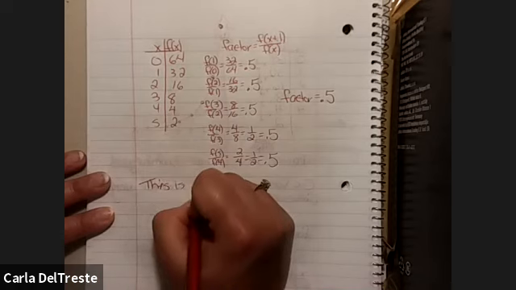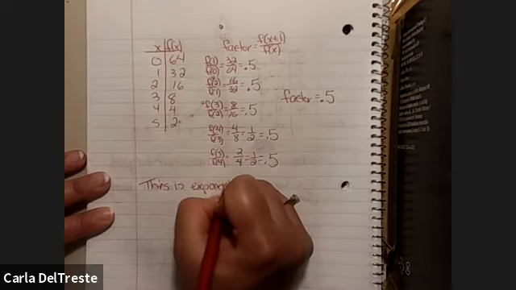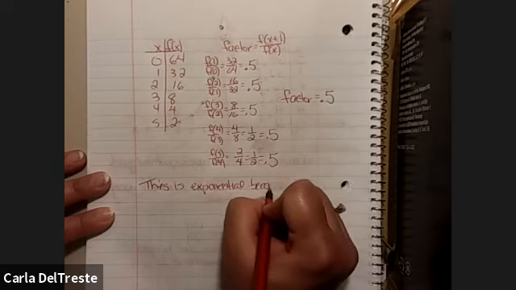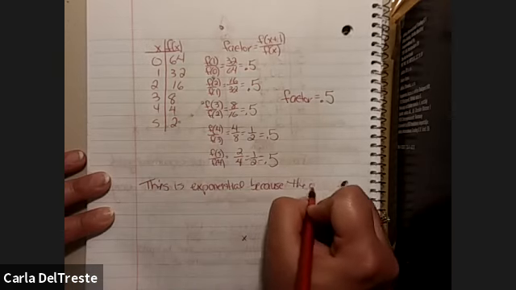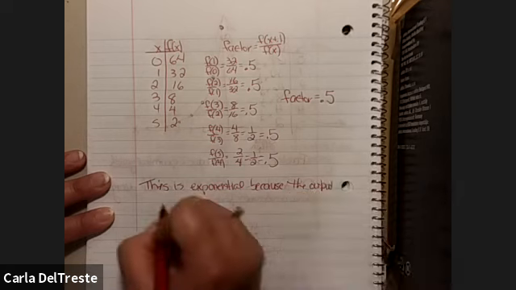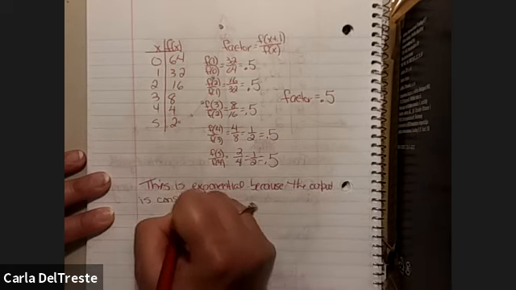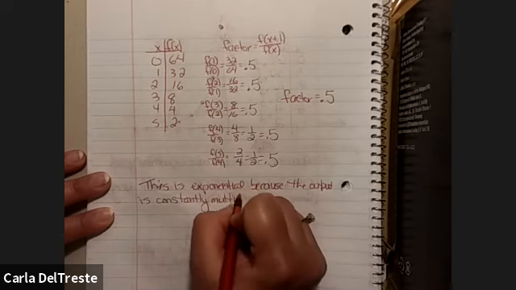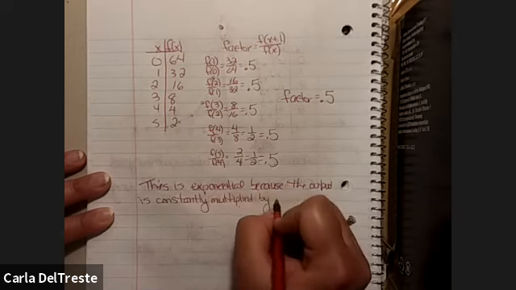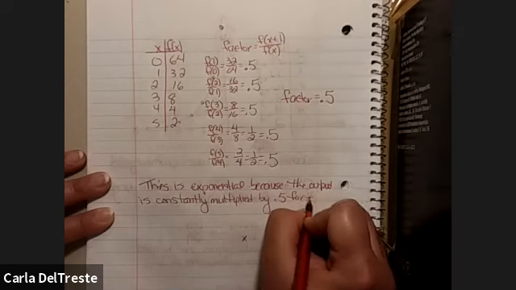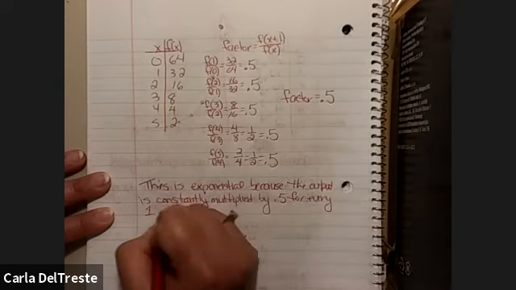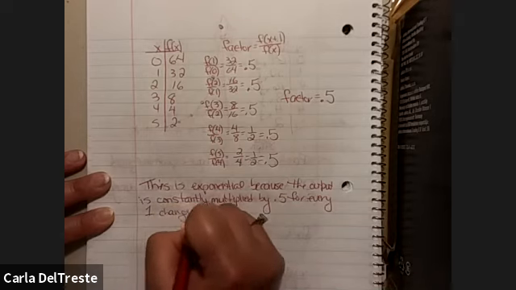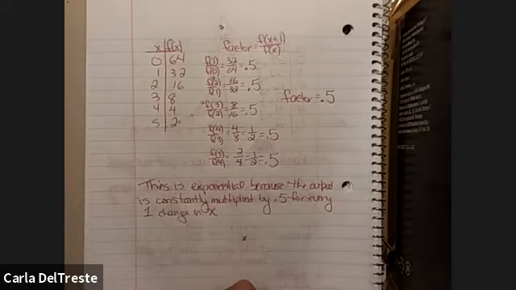This is exponential because the output is constantly multiplied, because again, that's why it's called the multiplier, constantly multiplied by 0.5 for every one change in x. And that's going to be how you determine if you have exponential change.